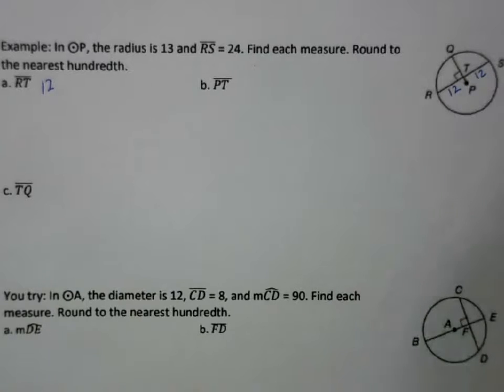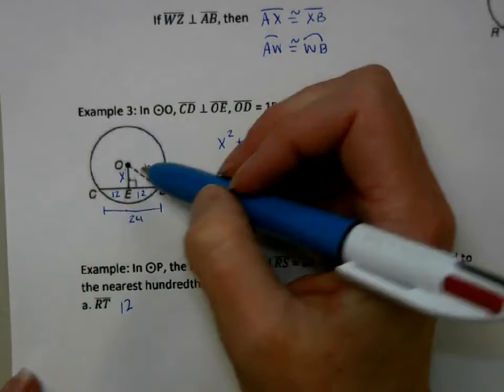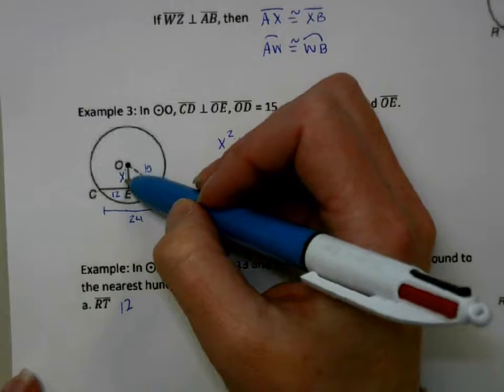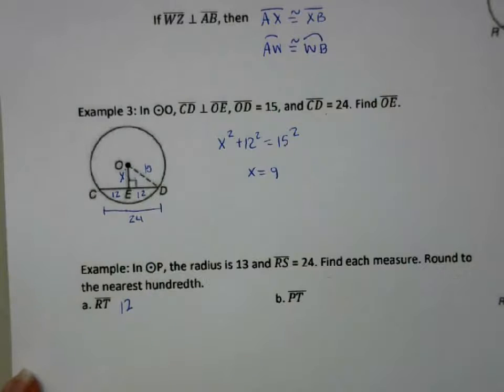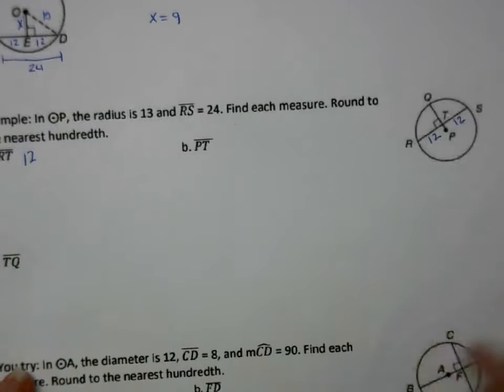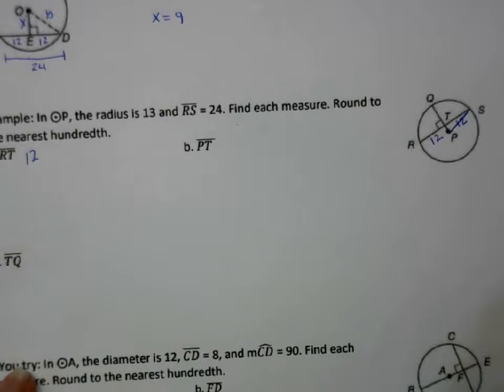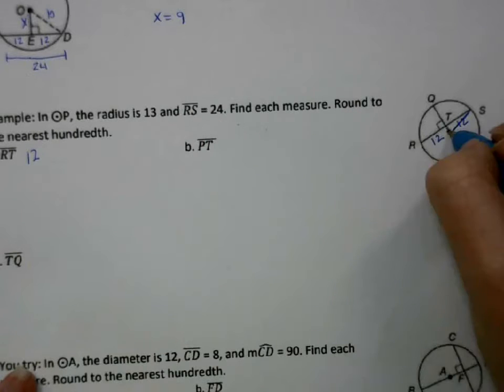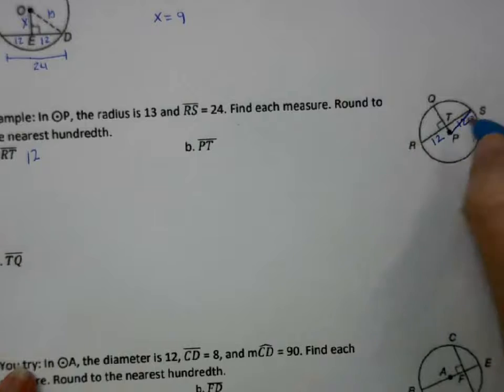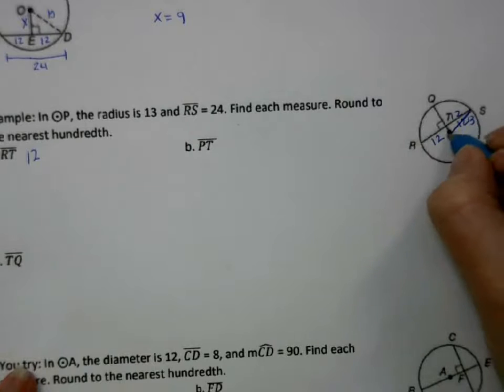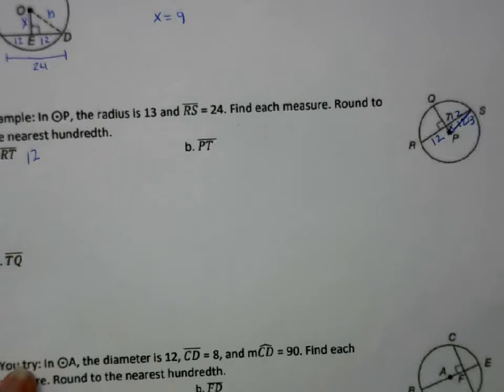Well, in the last problem, we found this distance using a right triangle. So what I'm going to do is draw in a segment to make a right triangle. Well, the radius of this circle goes from the center to the edge, so this segment here is 13. So I've got that's 12, that's 13, and I'm solving for that side of the triangle.